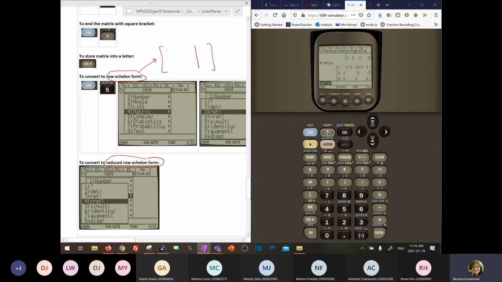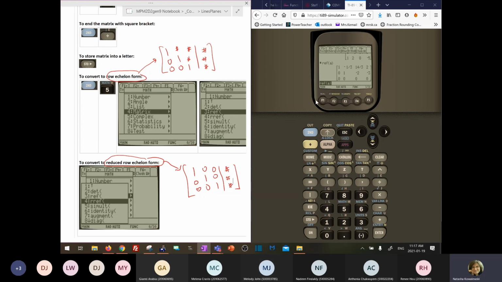So this would be 1, 1, 1, 0, 0, 0, and then there's going to be numbers here, like so. Whereas this one is a full identity matrix that has zeros not only on the bottom, but also on the top. And that's the one we've been practicing.